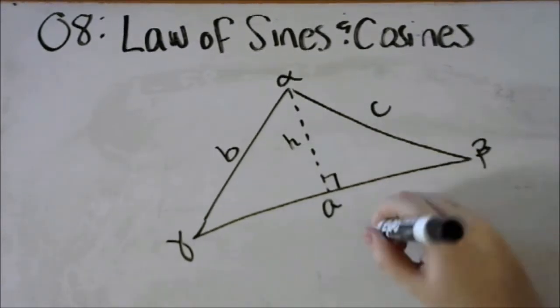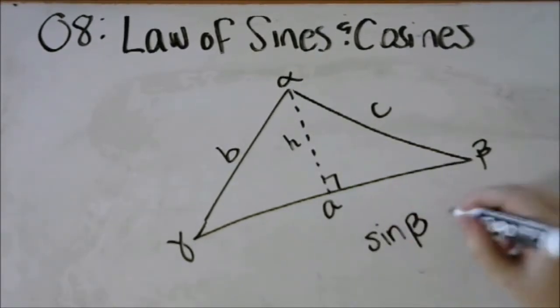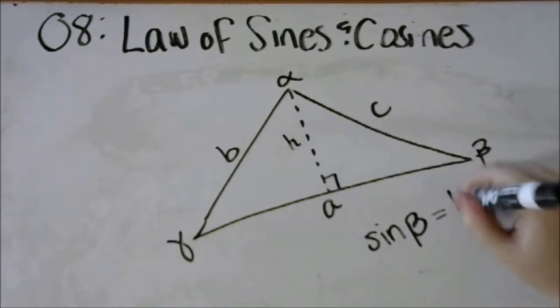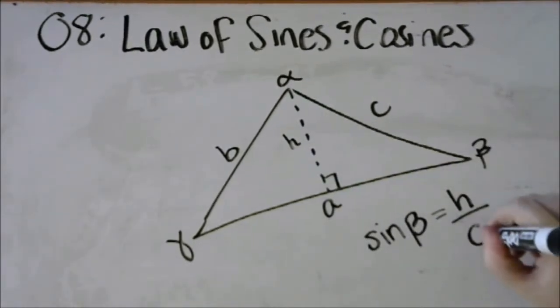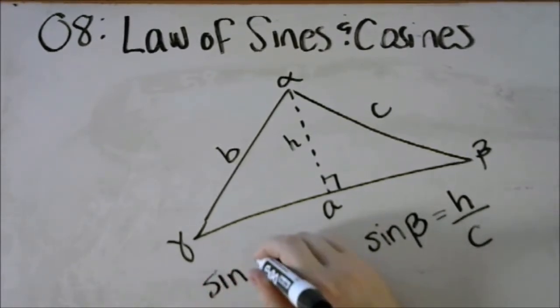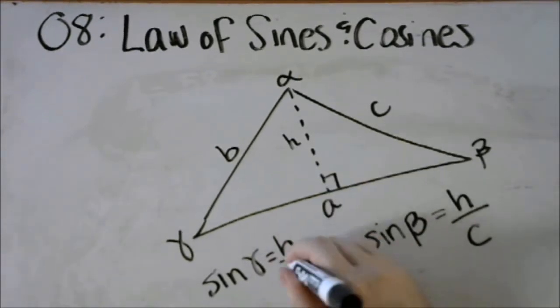For example, sine of beta is equal to h over c, but sine gamma is equal to h over b.